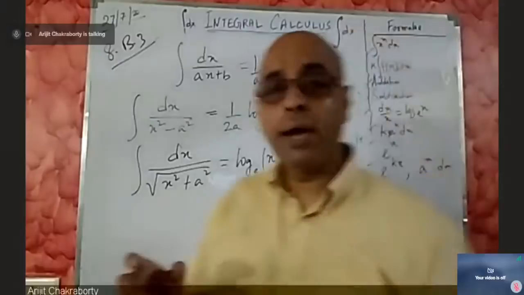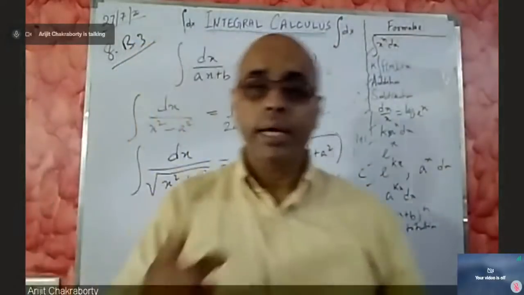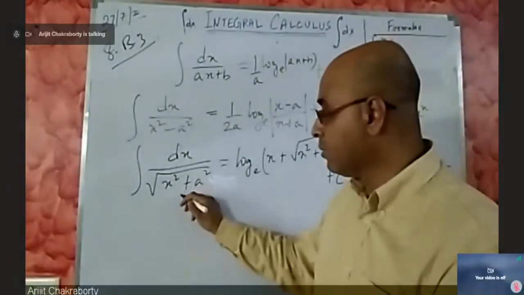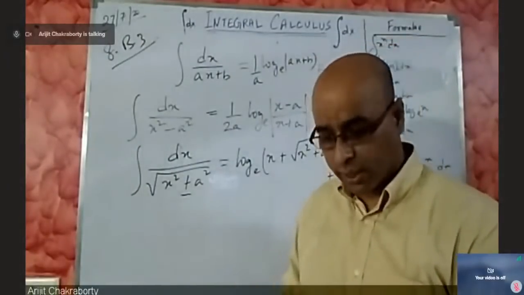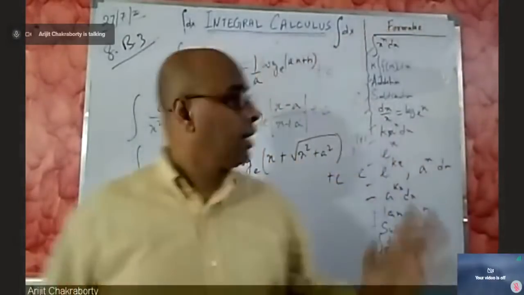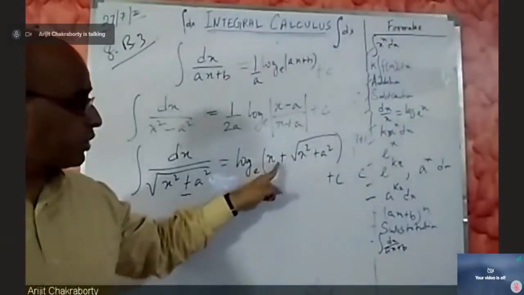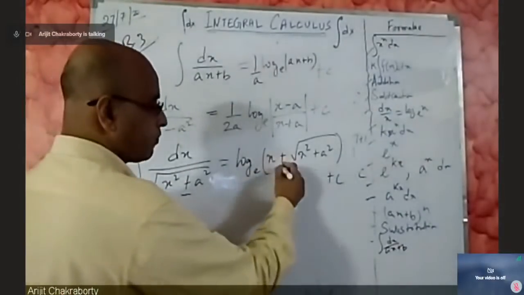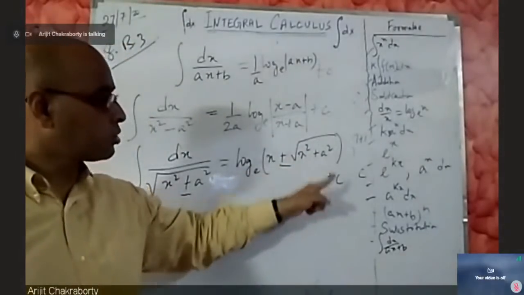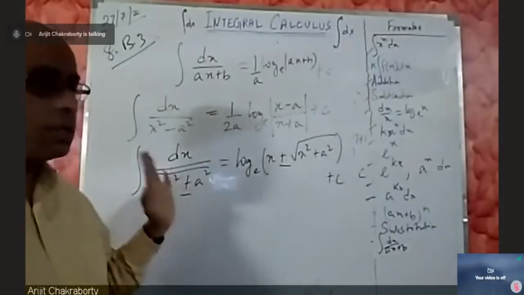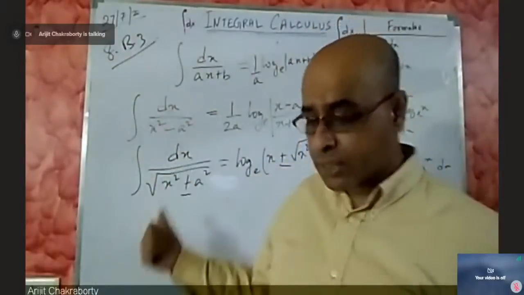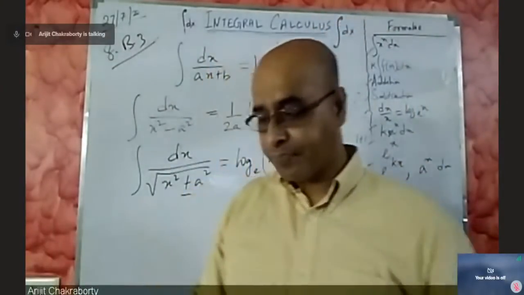And if you have a negative sign, that means the square root of x square minus a square, it will be the same formula, the same solution, log x, but here we have plus, now this will become minus. So it will become log of x minus the square root of x square plus a square, plus c. Please note, this is also a standard formula given in the study material based on which questions keep on coming.